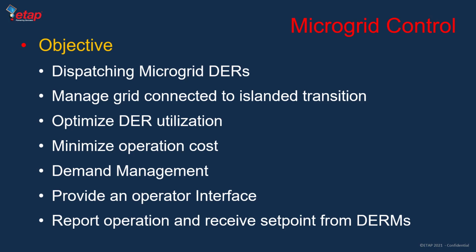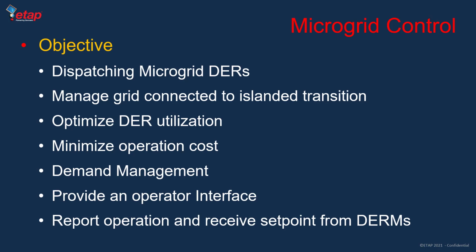One of the key components is to be able to manage the grid-connected system as well as the islanding transition. One of the definitions of a microgrid is that it can operate both grid-connected and islanded.